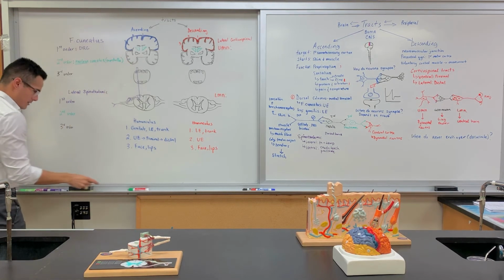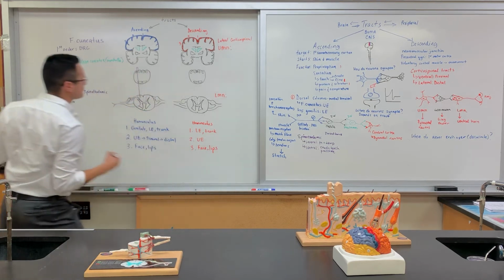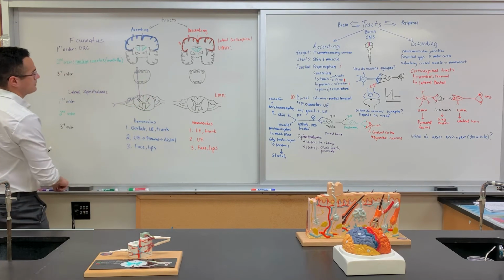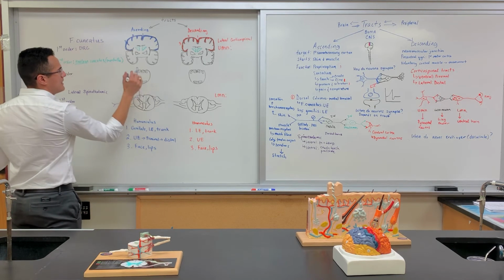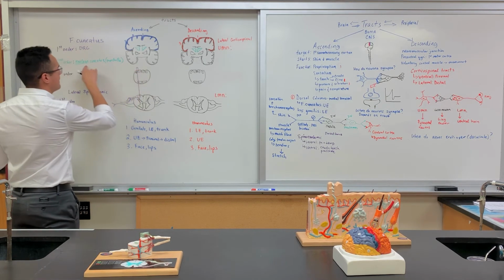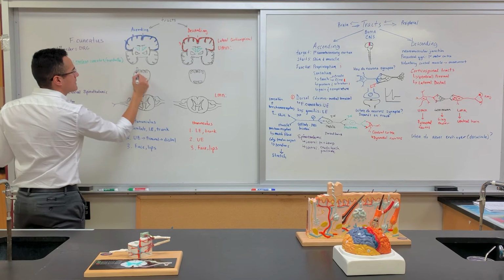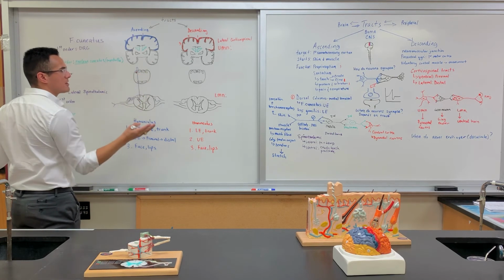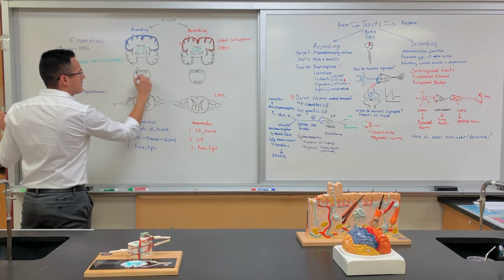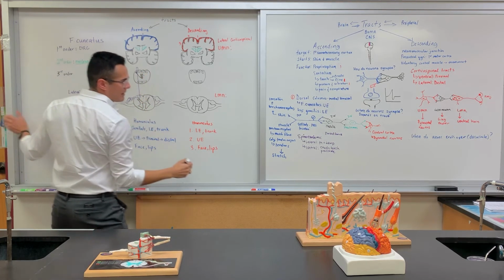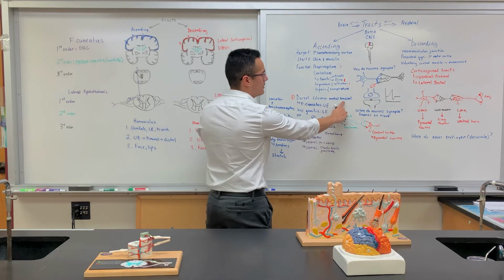So then the third order neuron, so I'm going to draw it in black here. So first order, it synapses with the second order neuron, which is found here. And then once it reaches this point, that's when it crosses over. So it crosses over at this part right here. So there's two of them. But it'll cross over this way and then go up. So this point right here is what we know as, I have it drawn over here, the medial lemniscal.